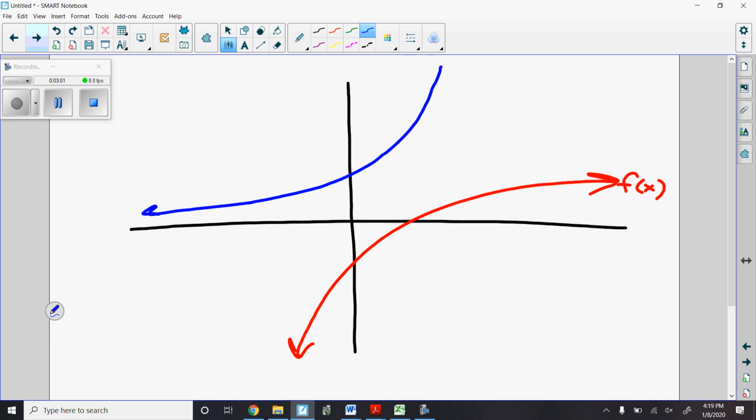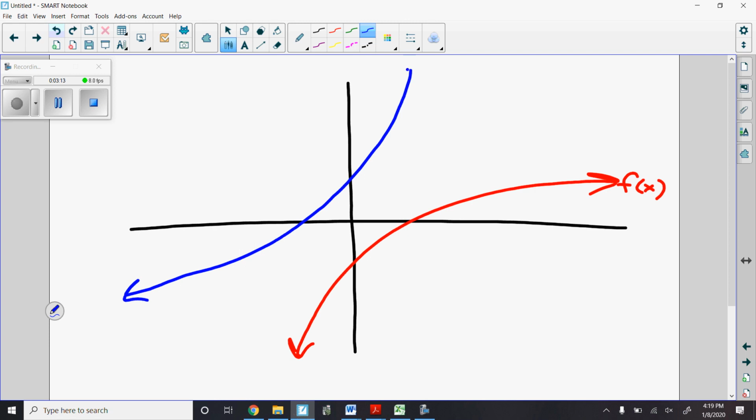Let's say we're told that F and G are inverses. By the way, inverses are reflections about the line y equals x.